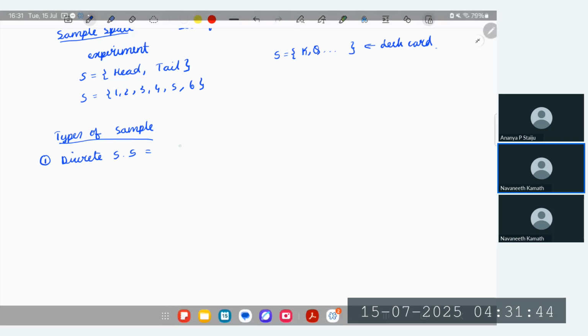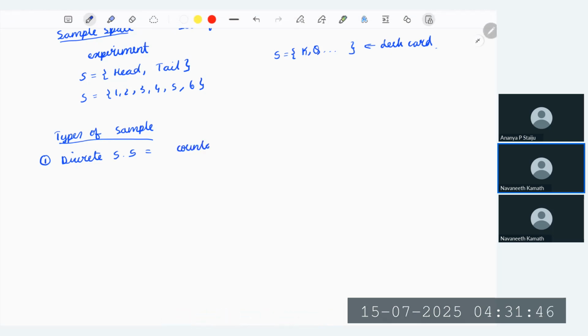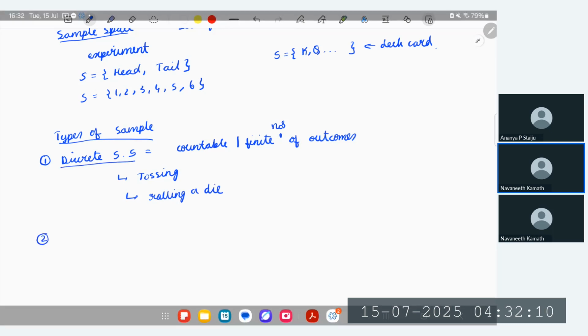So it is having countable or finite number of outcomes. Finite number of outcomes, that is called discrete. Examples are tossing a coin, rolling a die. Okay, these are called discrete sample space.